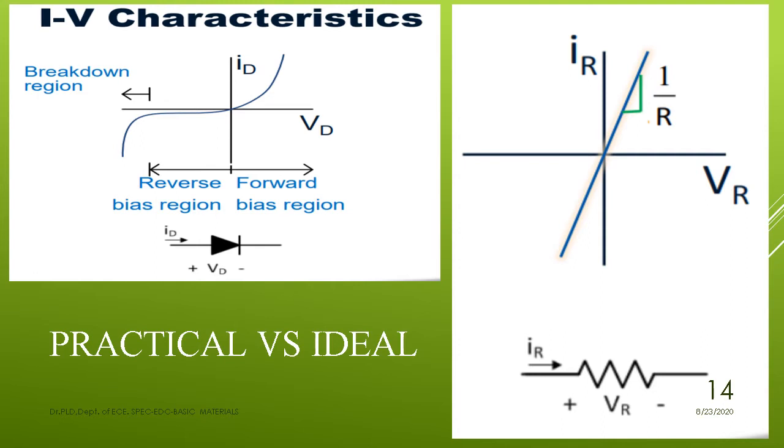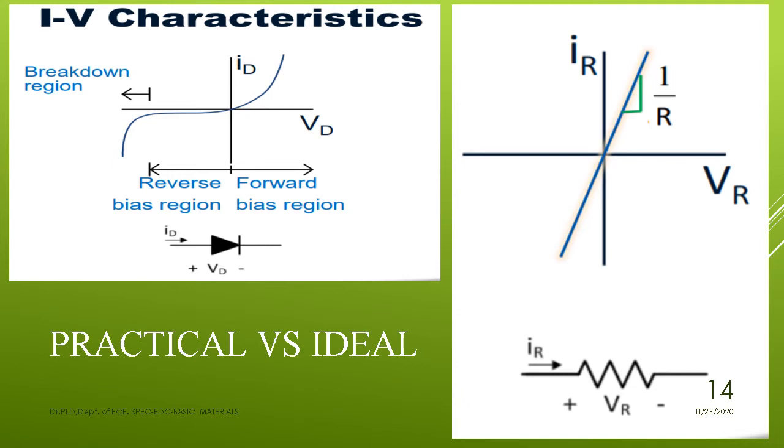The difference between these 2 points on the x-axis we consider as delta VR. Forward bias voltage is VD, reverse bias as VR.